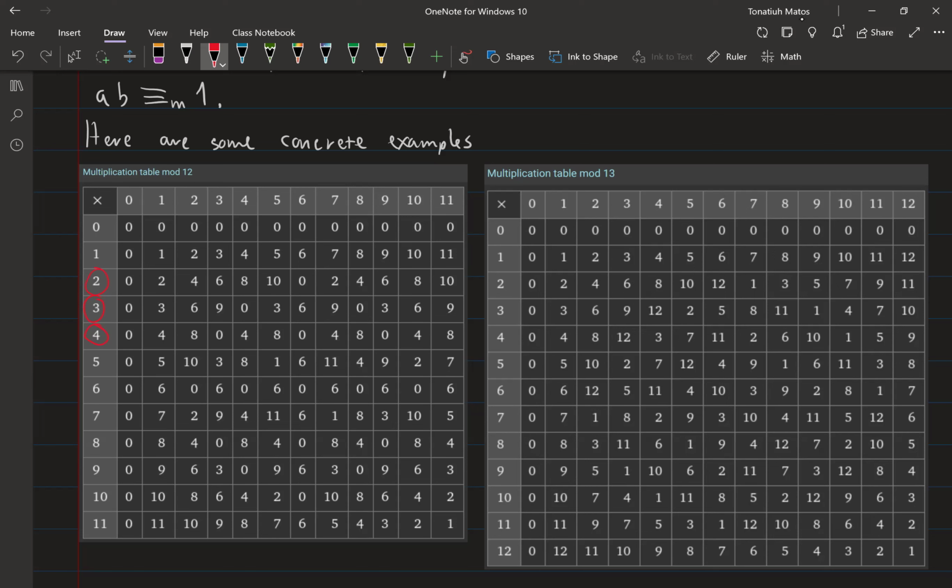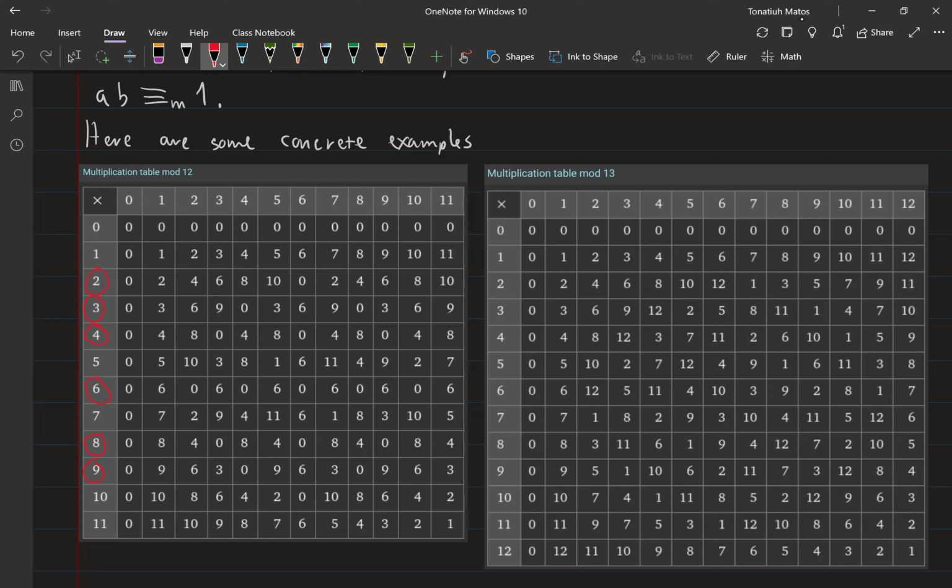Because those are divisors of 12. Also this one, by the way. But it's not just the divisors of 12. Any number that shares a divisor, such as 8 and 9, will never have a number 1 in their row because they are not invertible according to the theorem I'm talking about, right?